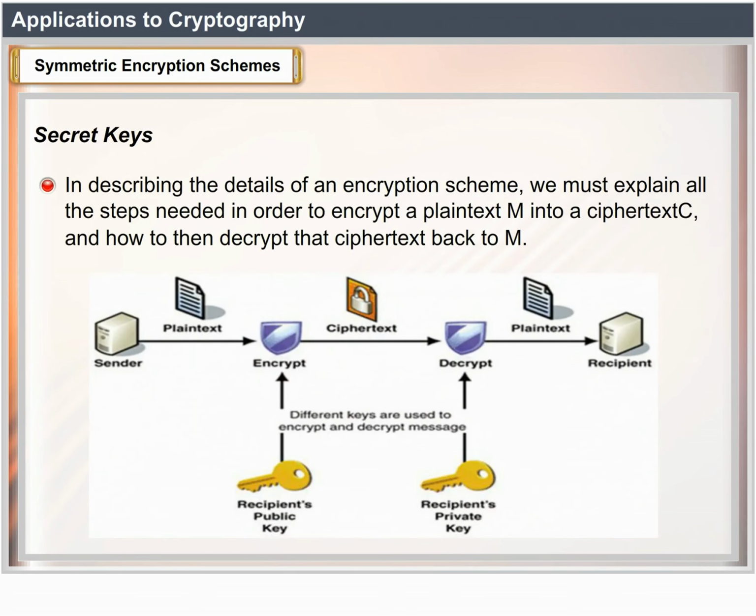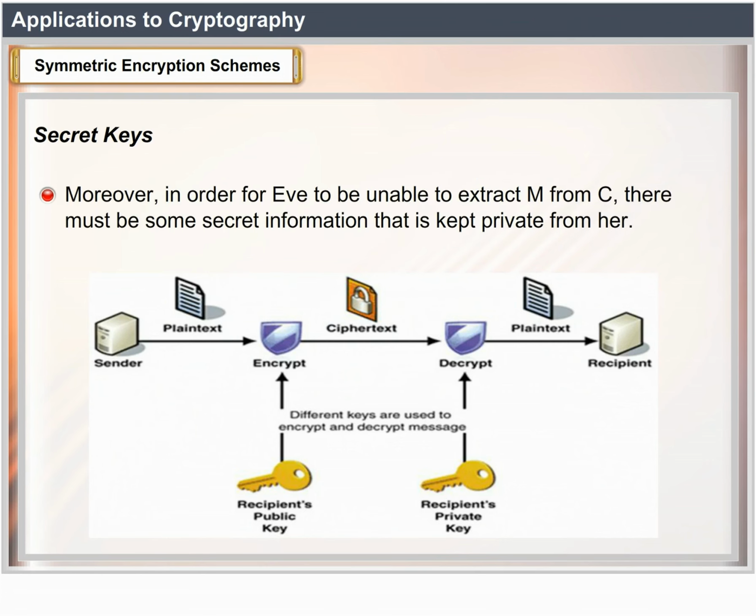Secret keys. In describing the details of an encryption scheme, we must explain all the steps needed in order to encrypt a plain text M into a ciphertext C, and how to then decrypt that ciphertext C back to M. Moreover, in order for Evie to be unable to extract M from C, there must be some secret information that is kept private from her.